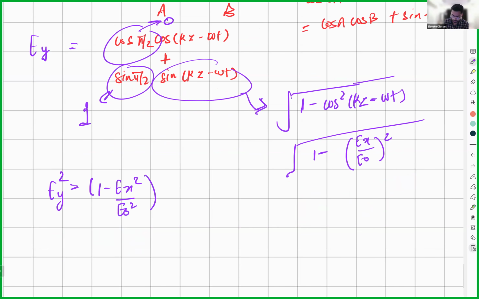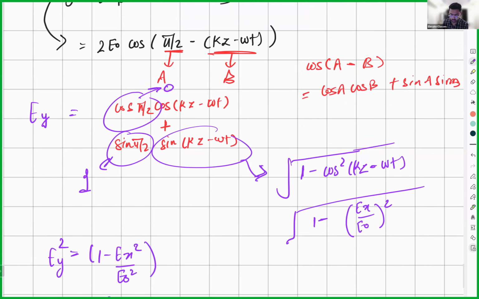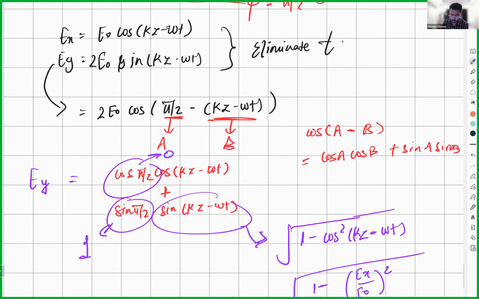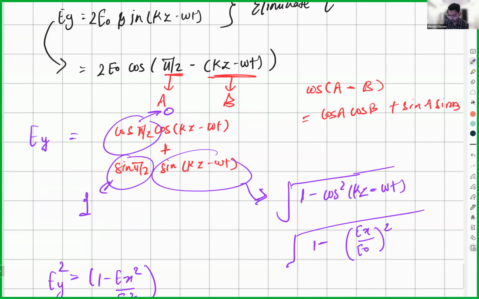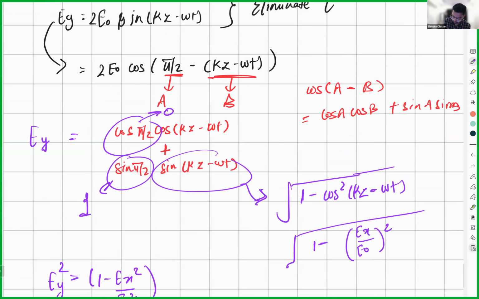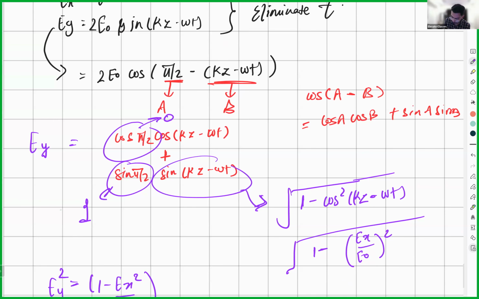What do you get finally? Ex square plus Ey square is equal to, so there was a 2 E naught outside. No? There was a 2 E naught outside. So just multiply it with a 2 E naught.